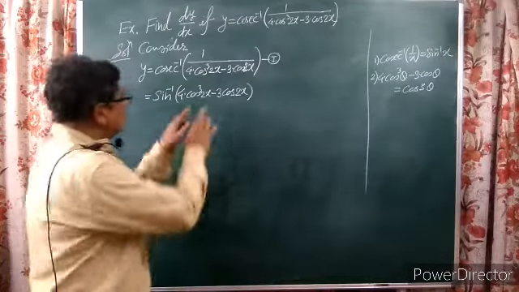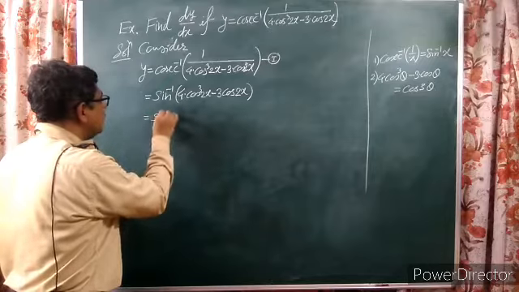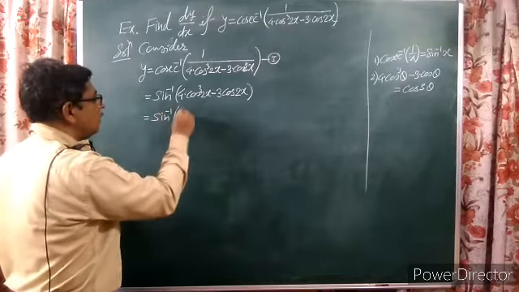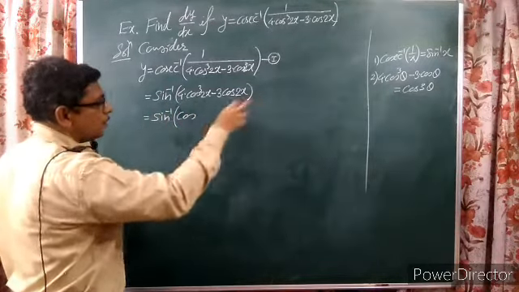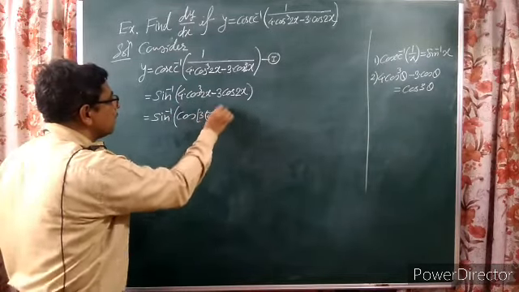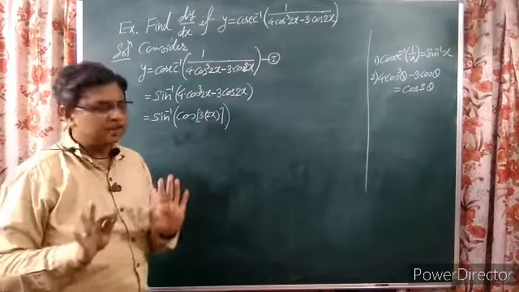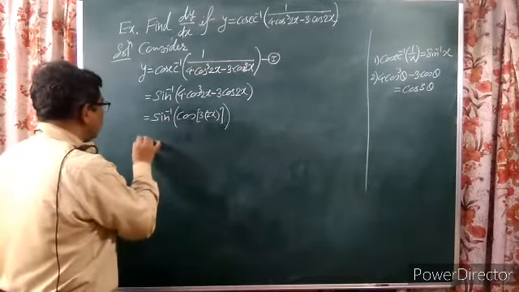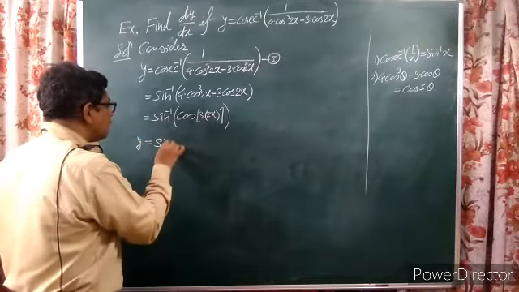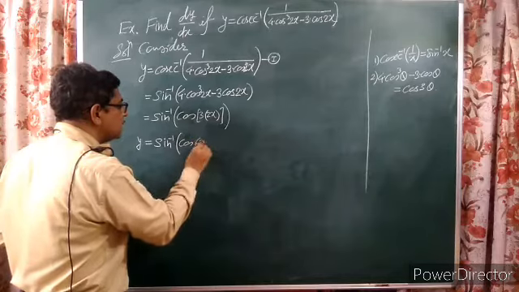Here the value of theta is 2x. So we can write this as sine inverse of cos of 3 theta, theta is 2x. Got it? Now we are getting y is equal to sine inverse of cos of 6x.